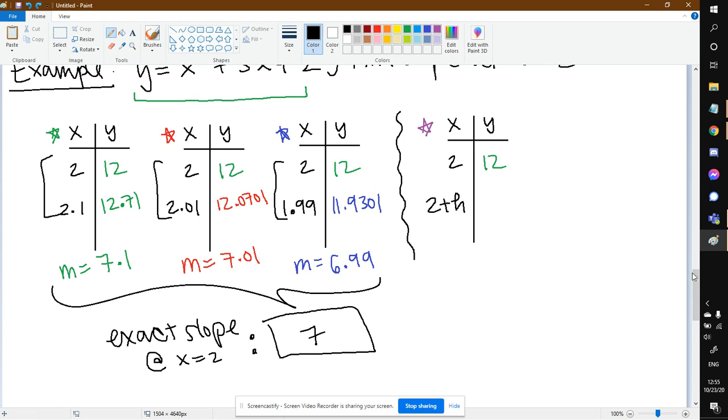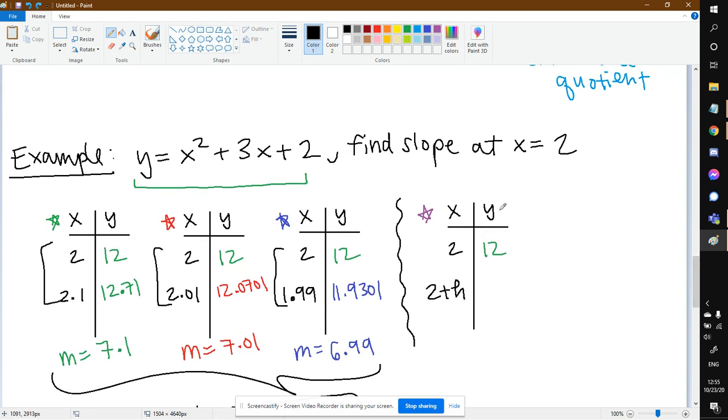Whenever I say x is 2, what's y, I plugged in 2 to this equation. Whenever I say x is 2 plus h, what is plugging in 2 plus h here? This is like part 5 of your portfolio 1. This is saying every time I see an x, instead I'm going to plug in a 2 plus h.